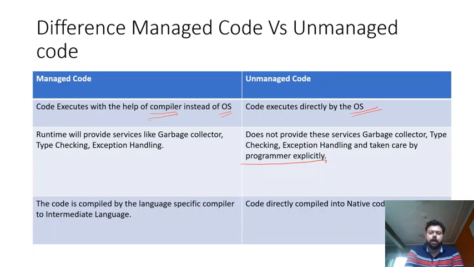In managed code, the garbage collector deallocates the unnecessary memory because these services are provided by the common language runtime. So here we have it automatic, or here we will do it manually. So this is the second difference.